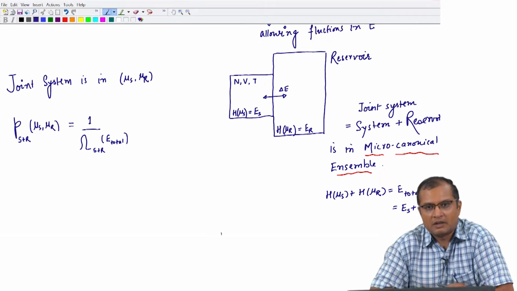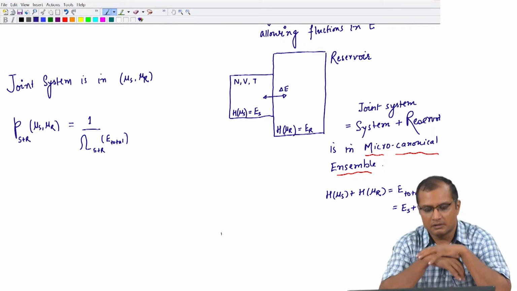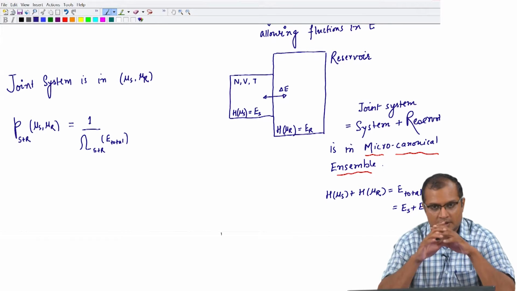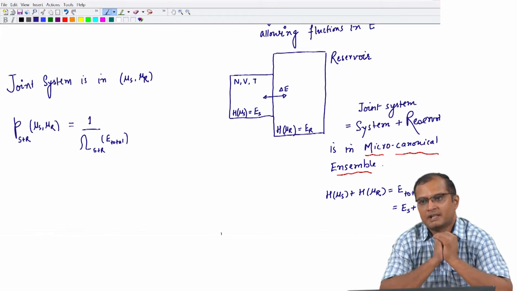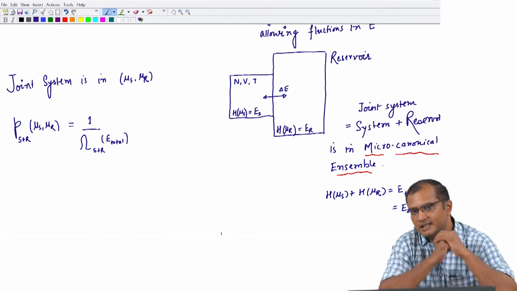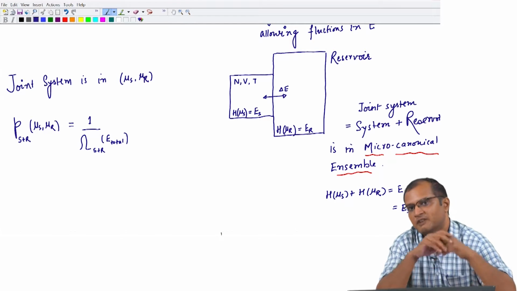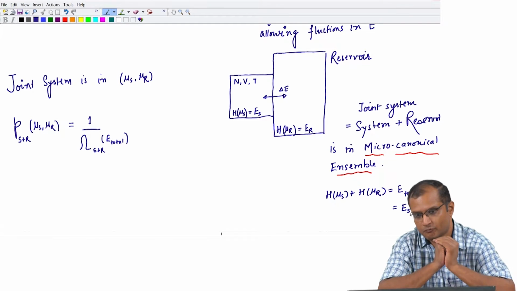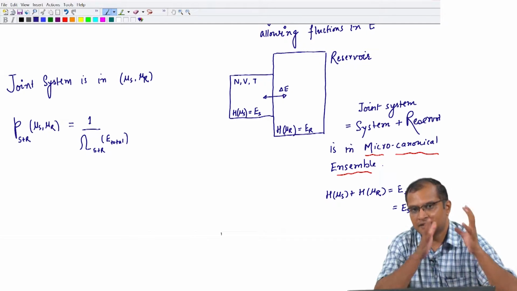If you recall our microcanonical ensemble discussion, if we know the total number of accessible states to the microcanonical ensemble at N, V, E, then the probability of finding a system in one of the microstates is just 1 upon omega, which is the total number of states. Now, the microcanonical ensemble here is the system plus reservoir.